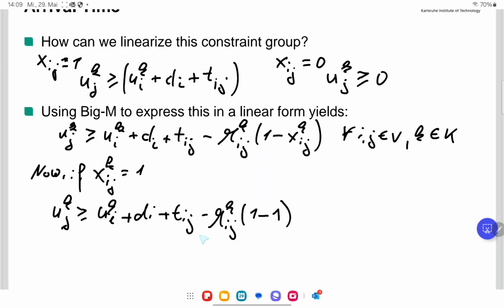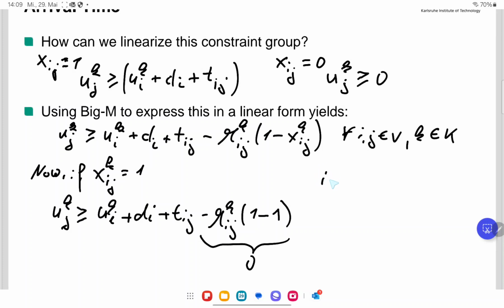Okay, so this entire term is 0, and we have exactly what we wanted before. So this is perfectly fine. So this constraint is said to be binding.